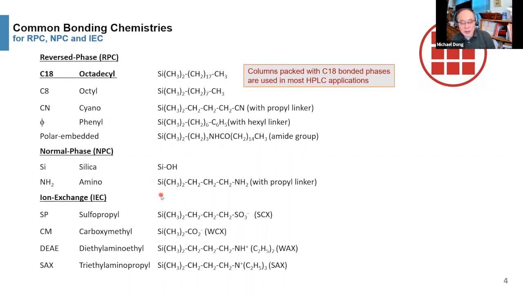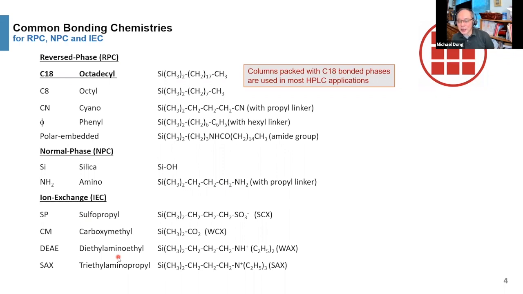It's too active. So a lot of times you actually put on a bonded phase. I would say the normal phase bonded phase is amino, which is usually with a propyl linker, right? You bond an amine to silica with a propyl linker to make it a little bit hydrophobic. You can have a hexyl linker, a C6 or C3 linker.